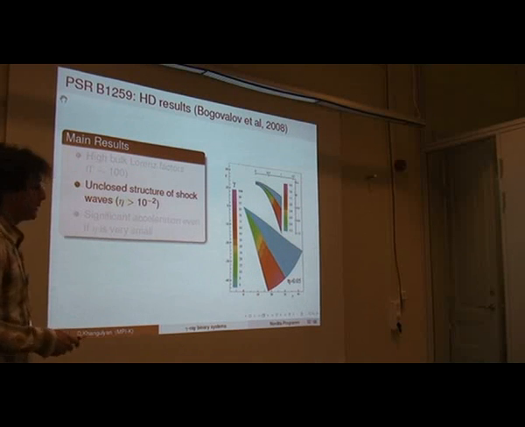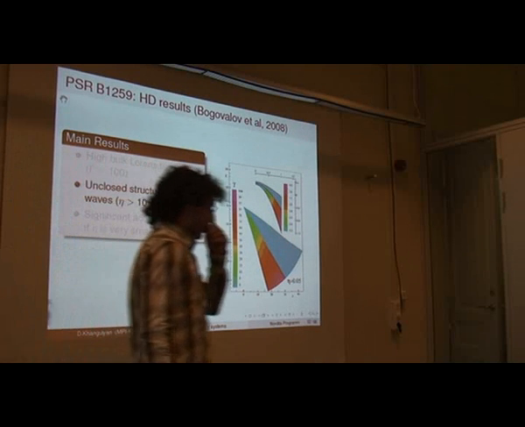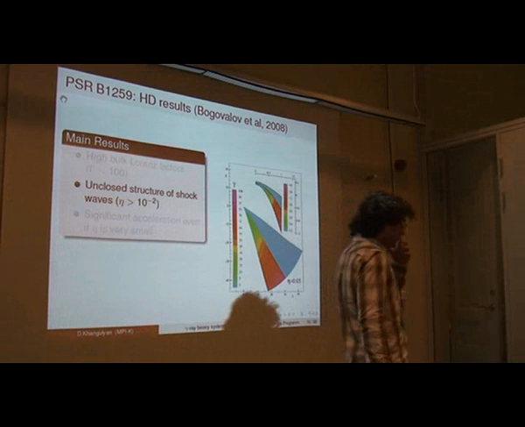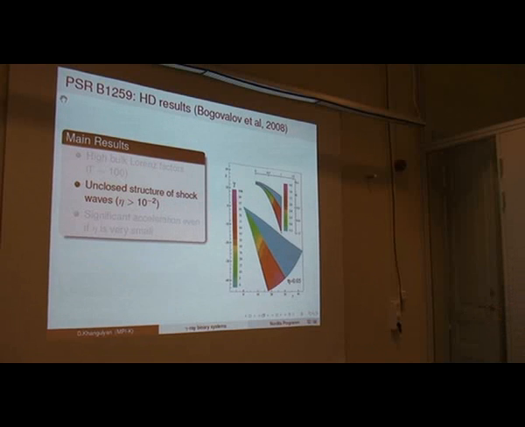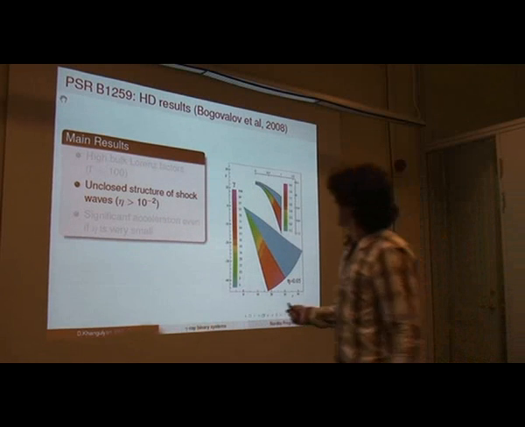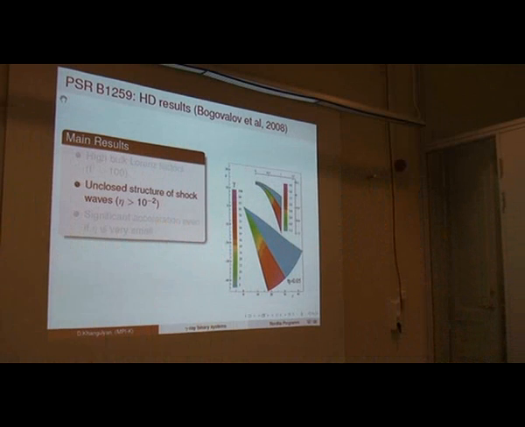Here, the other parameter is the ratio of the ram pressures of the stellar wind to the pulsar wind. Even if the stellar wind is 100 times more powerful than the pulsar wind, the termination shock is still unclosed, and one still gets very significant acceleration.